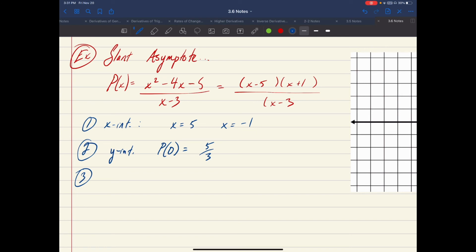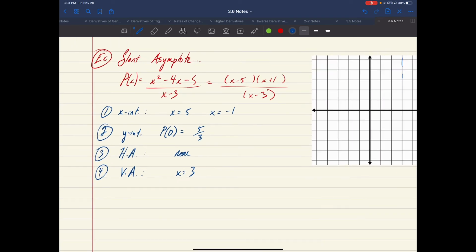Third, what's the horizontal asymptote? Well, the degree of the numerator is higher, so there is none. Fourth, what is the vertical asymptote? That's what makes the denominator 0, and in this case, that is x equals 3.